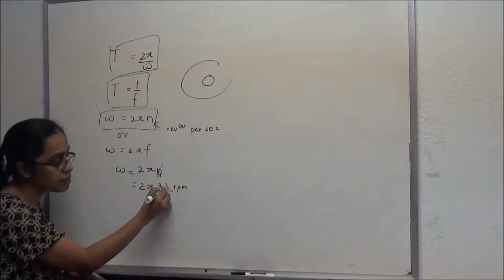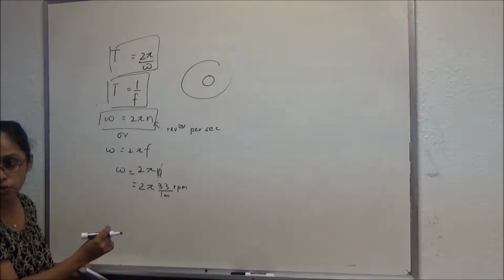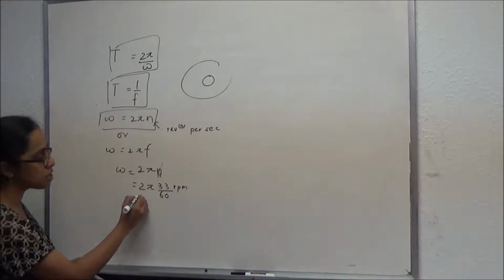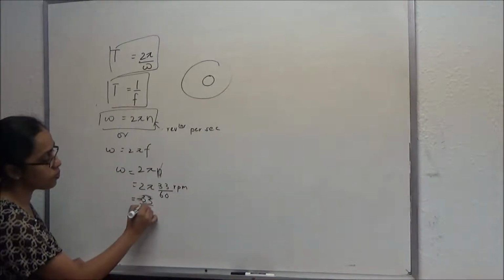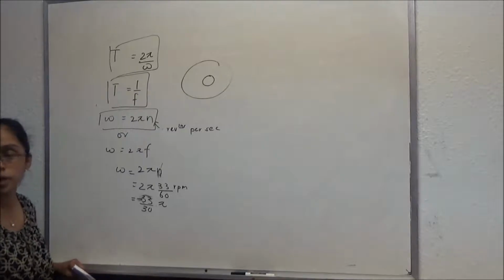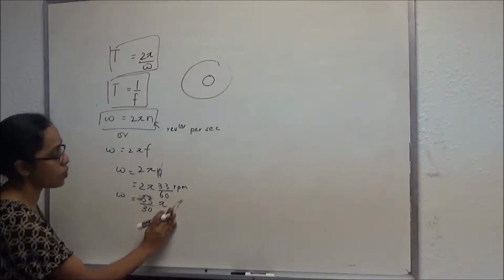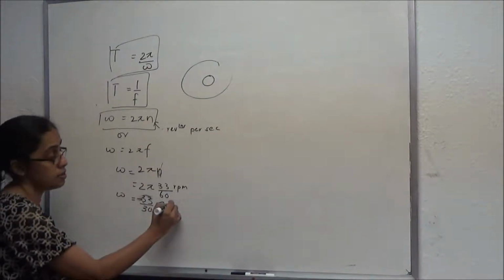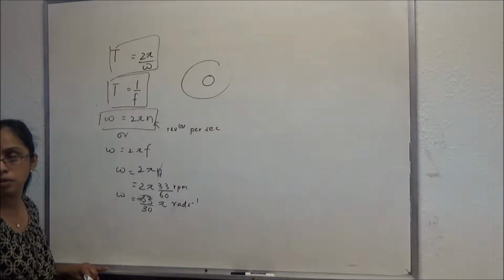That means it is 33 divided by 1 minute, and now this 1 minute has to be converted into seconds, which becomes 60. So this becomes 2 pi times 33 over 60. You can do the simplification at home. And what should be the units of omega? Radians per second.